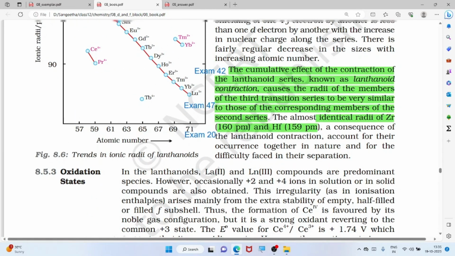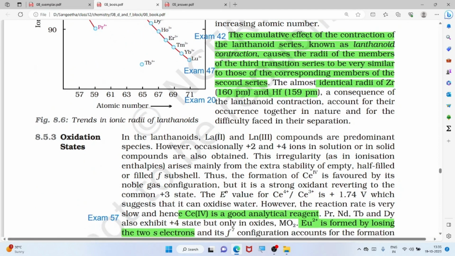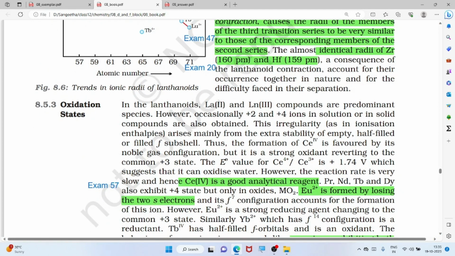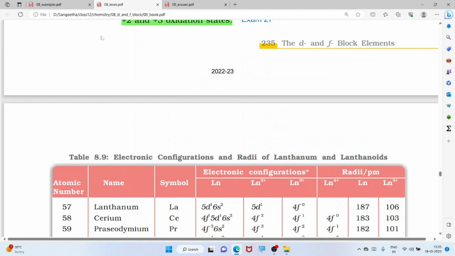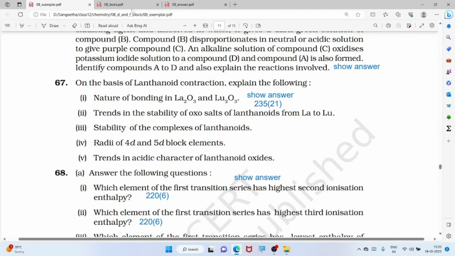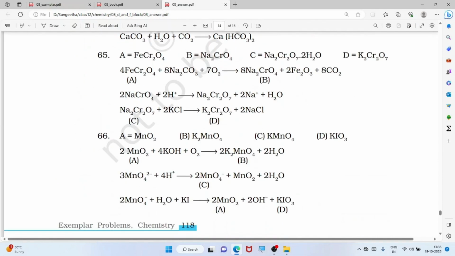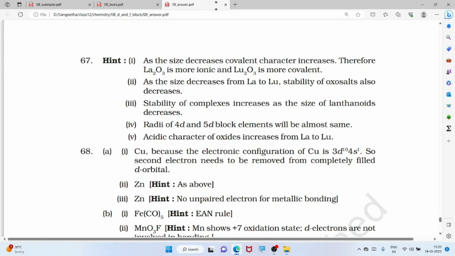Okay, in this graph, how the atomic number, how the radius varies, how the bond formation differs. Okay, everything is given here. Okay, here they are given.